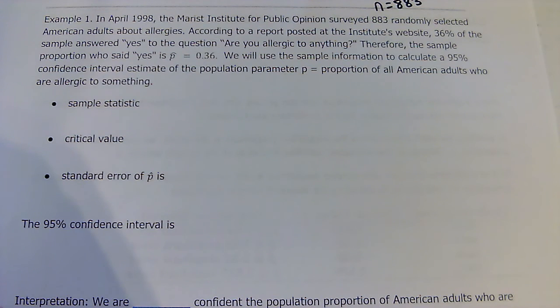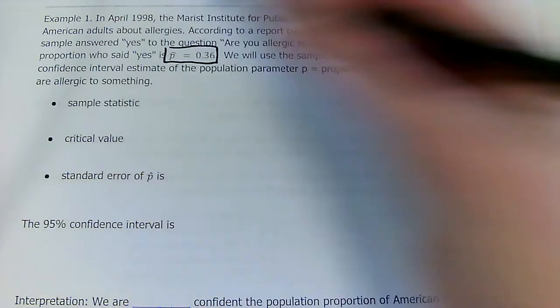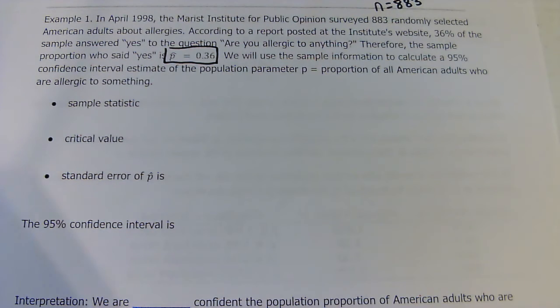Therefore, the sample proportion who said yes, p-hat, is 0.36. We'll use the sample information to calculate a 95% confidence interval estimate of the population parameter. And the population parameter is the proportion of American adults who are allergic to something.